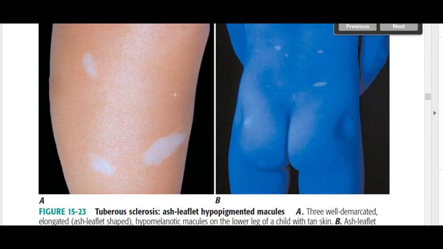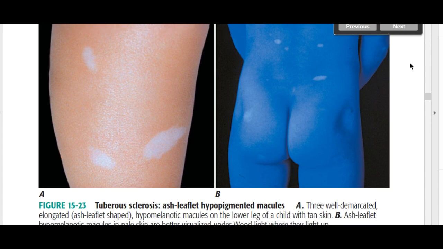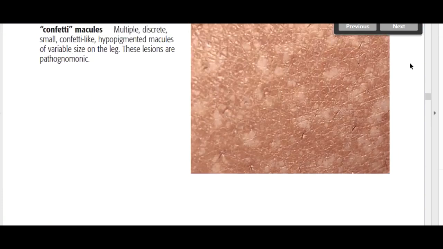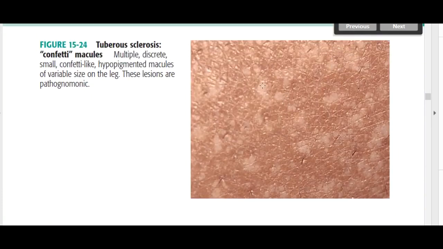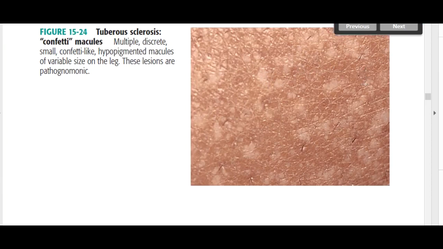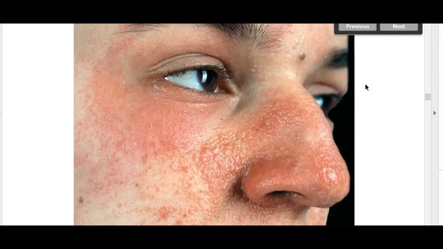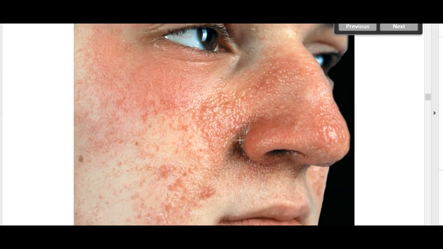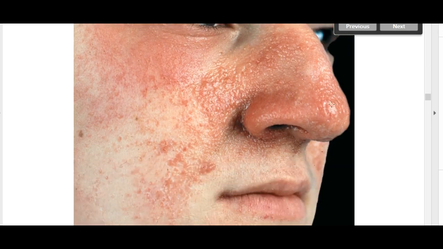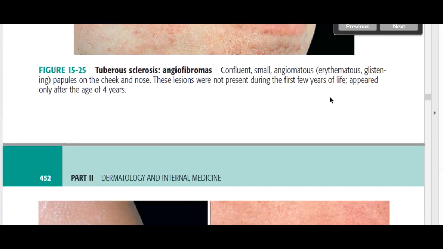So these are the pictures of ash leaf macules which are seen in tuberous sclerosis. Then if you see the next picture, these are the confetti macules which are seen in tuberous sclerosis again. In tuberous sclerosis we see adenoma sebaceum.